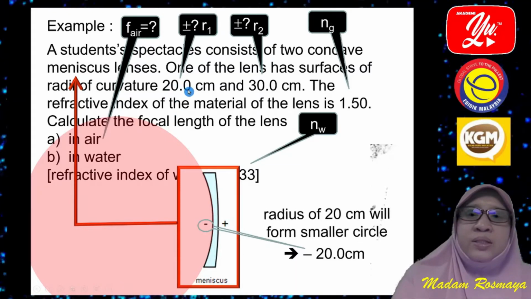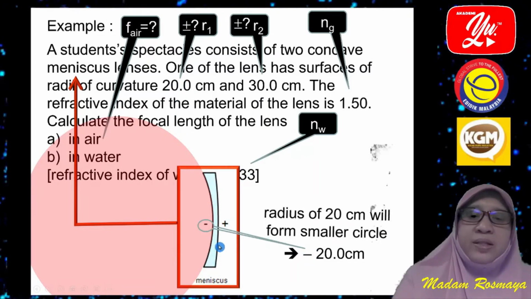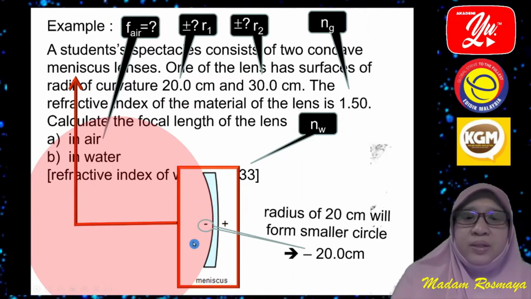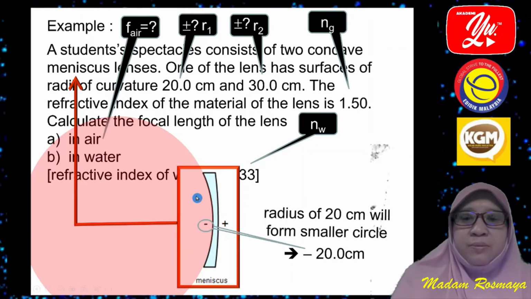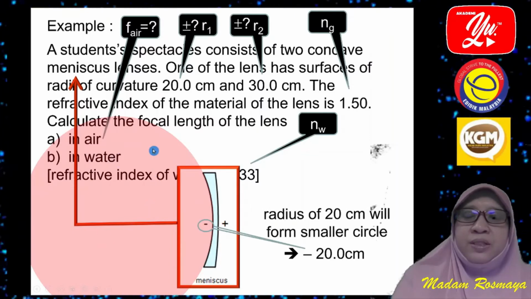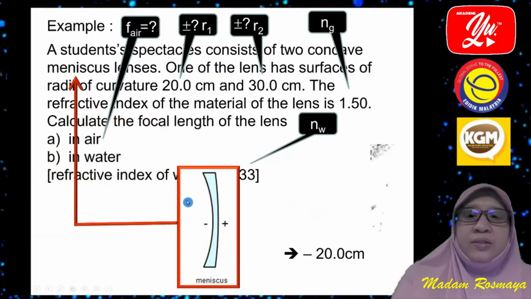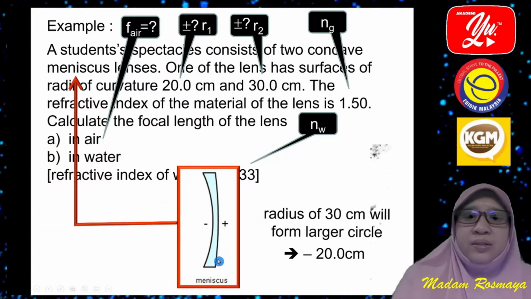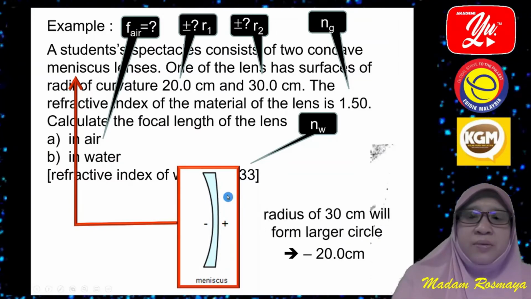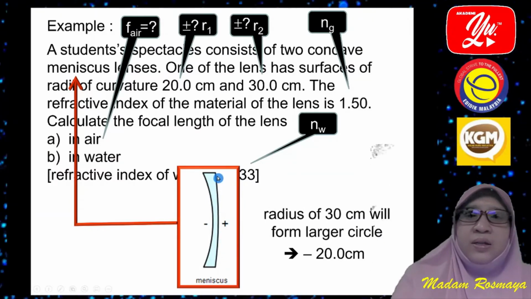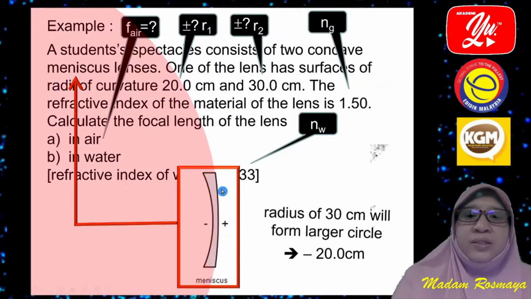Because this is a curve, imagine it forms a circle. The other side of the radius of curvature will make a larger circle.